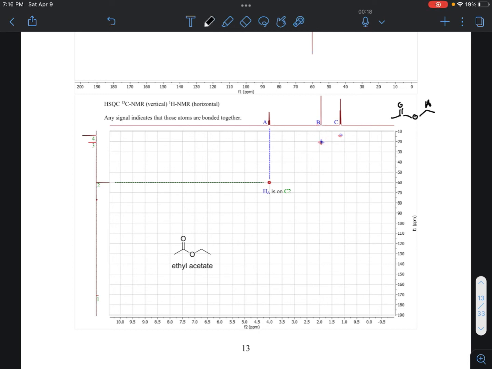We see that B, if we draw a line, has a coupling with 3. And C, we see a coupling with 4. What this is telling us is that what we see on the proton for B is correlated with this carbon. And then the same thing for C. B is correlated with 3, and C is correlated with 4.